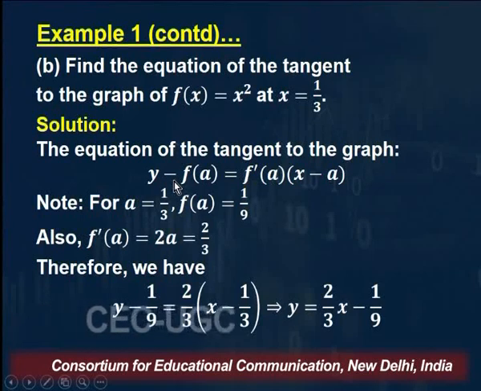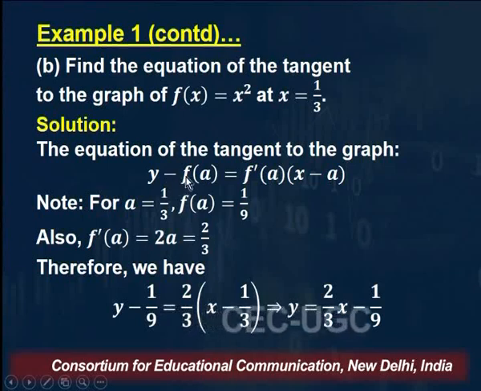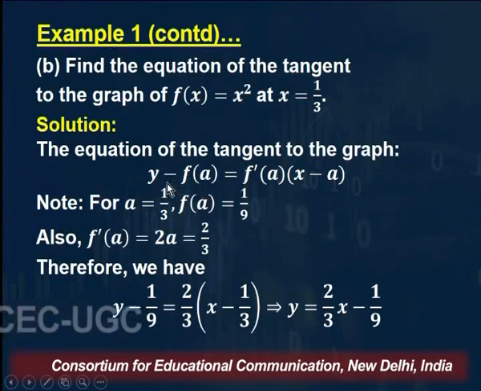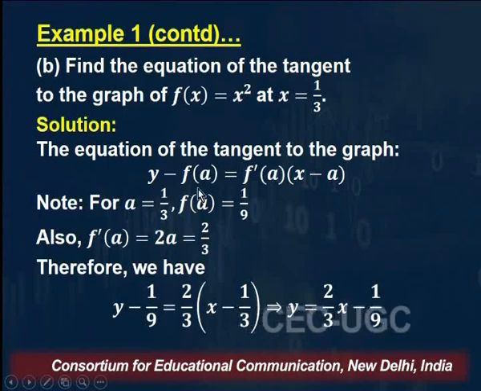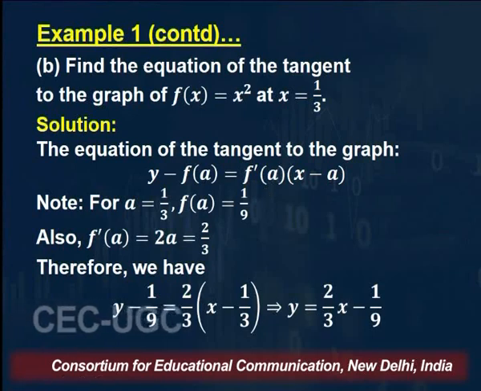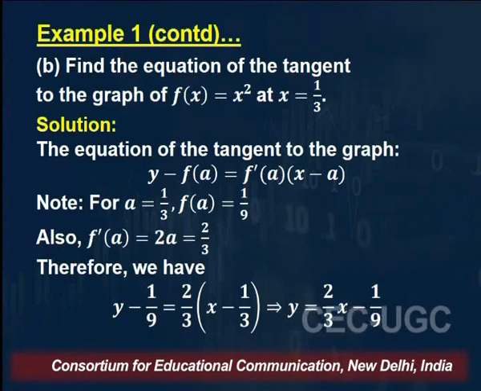The equation of the tangent will then be, because our point that is given to us is a comma f of a, y minus f of a, so that's your y1 here, equal to the slope of the tangent line. Now, what is the slope of the tangent line? That is the idea that we have just developed. That is nothing but our derivative at the point a.